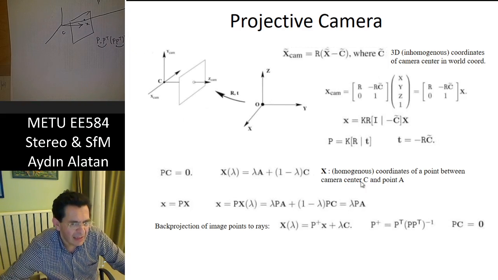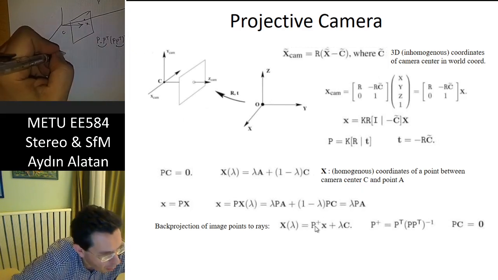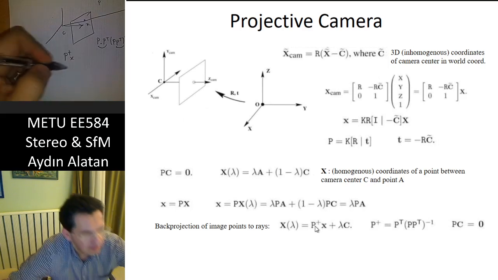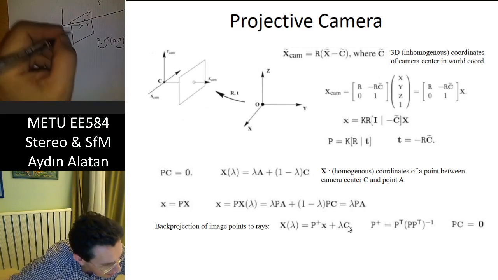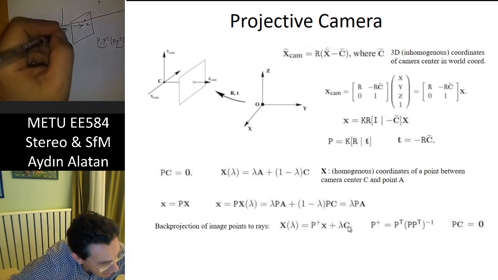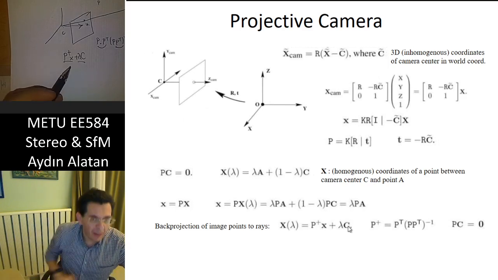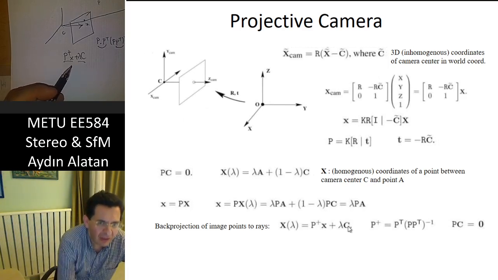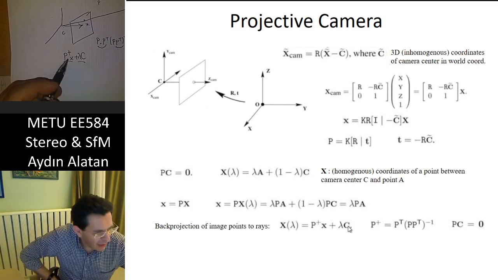Therefore, what I'm saying is this: P pseudo inverse times x is a point in 3D space, a homogeneous 4 by 1 point. There is another point, the C. If I write them in this form, one point plus another point, a weighted sum, that will be something going to infinity.